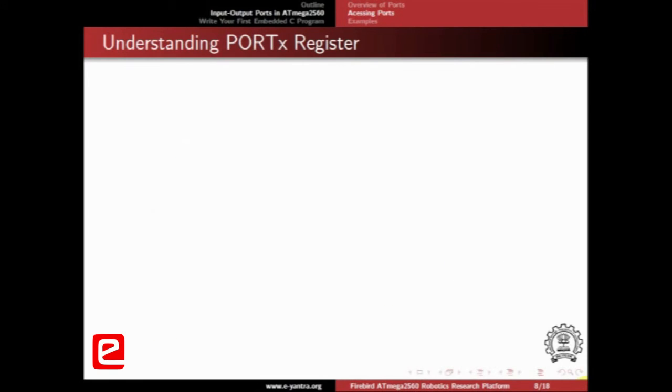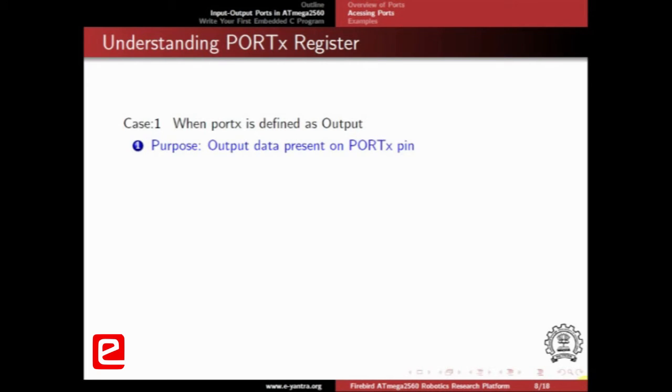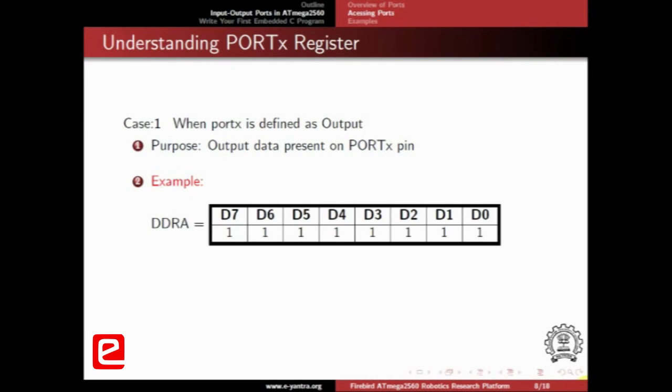Now let us see the third register, which is PORTX register. PORTX register operates in 2 different ways depending on the way in which the port is defined. First case is if port is defined as the output. We use PORT register to output desired value to the output device. For example, here we defined port A as output by assigning the value DDRA is equals to 0xFF.